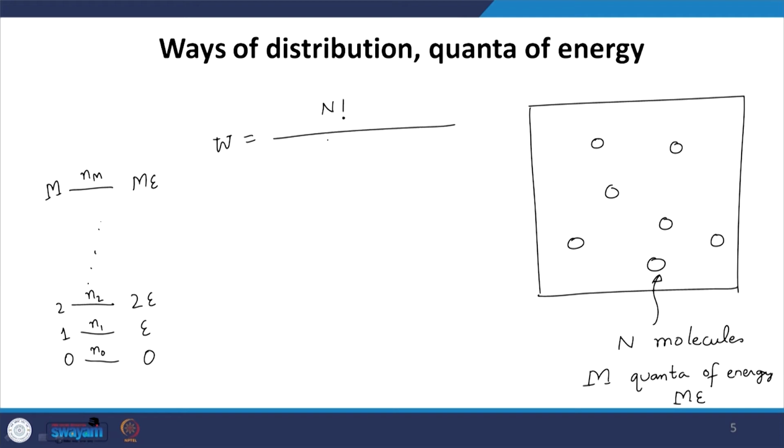It is n factorial by n naught factorial, n 1 factorial to n m factorial, right. And as I said, the entropy can now be defined once we know the number of ways, and we will see how to deal with factorials later in the course. But the key idea is that the number of ways of distributing energy in terms of quanta is pretty much following the probability arguments that we have discussed earlier. All right.